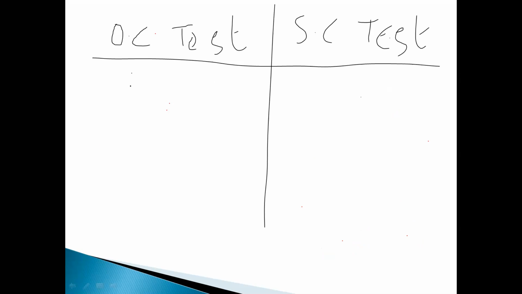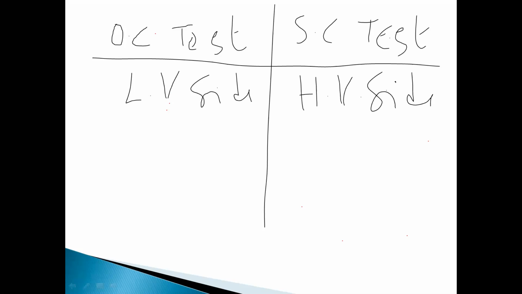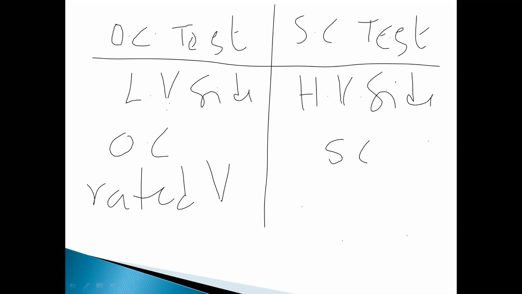Open circuit test is conducted on LV side. Short circuit test is conducted on HV side. In open circuit test, secondary is open circuited and we apply rated voltage. In short circuit test, secondary is short circuited and we apply rated current.